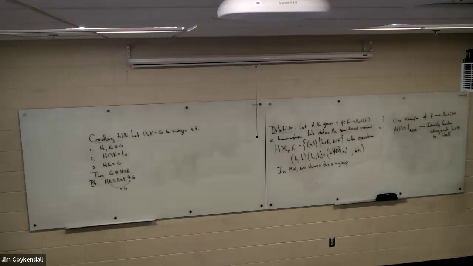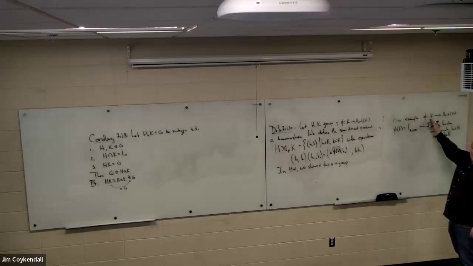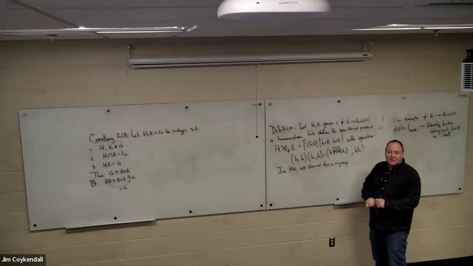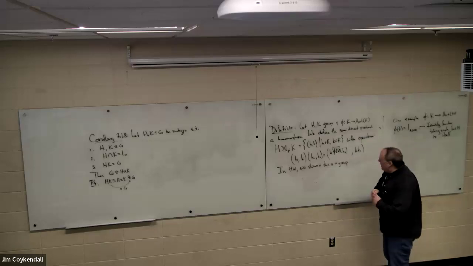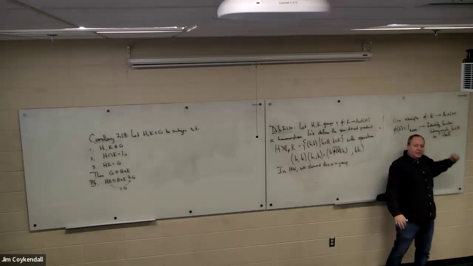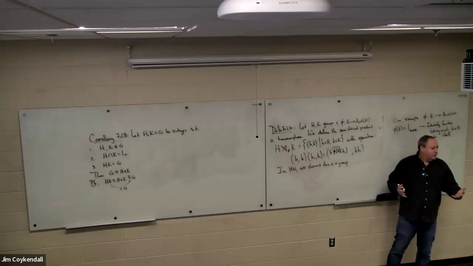If I take this particular homomorphism that dumps everything in K to the identity, what does this rule do now? Yes, it's just a direct product. That is correct. So in this special case, we recover the direct product, which is good.